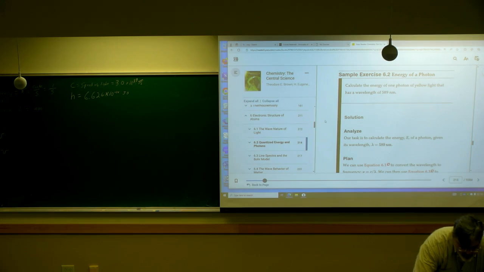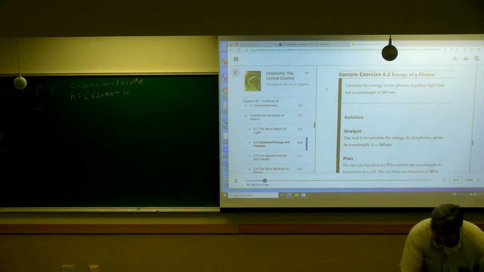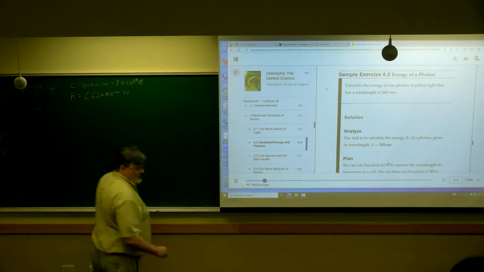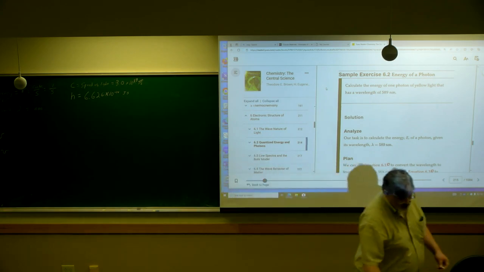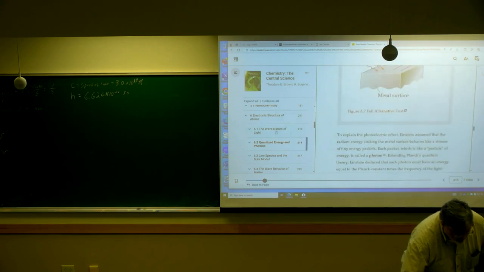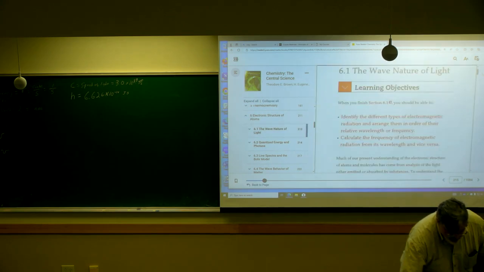Okay, yellow light again, the same thing that you would get from a sodium lamp, 589 nanometers. So what this is saying is, let me go back here and get that number. They're going to use sodium again.